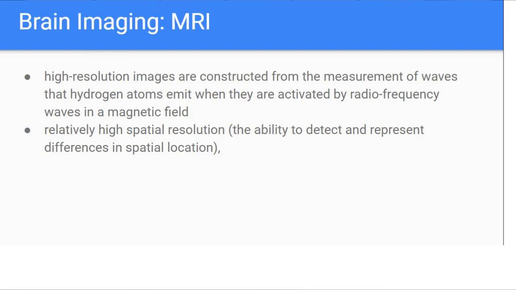So magnetic resonance imaging here means what? Magnetic resonance imaging means that there is a magnetic field, and in congruence with that magnetic field, something is happening in our brain. There is some kind of resonance there in our brain.